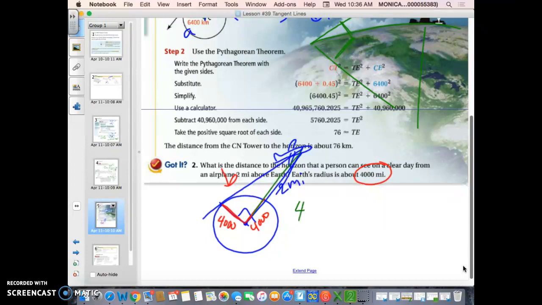So this is going to be 4,002 squared minus 4,000 squared, and that's going to give me b squared. And when I work all this lovely mess out, you end up with b equaling 127 miles.